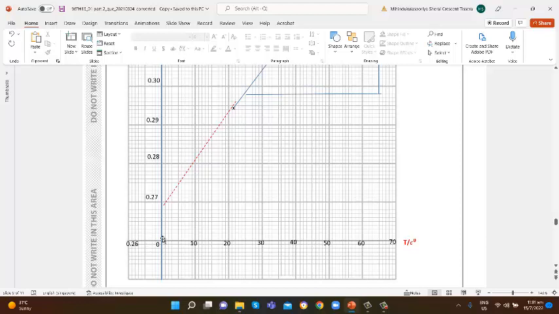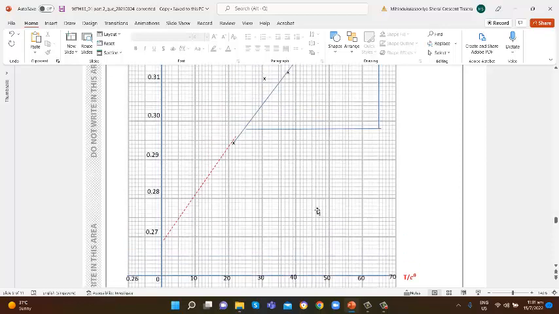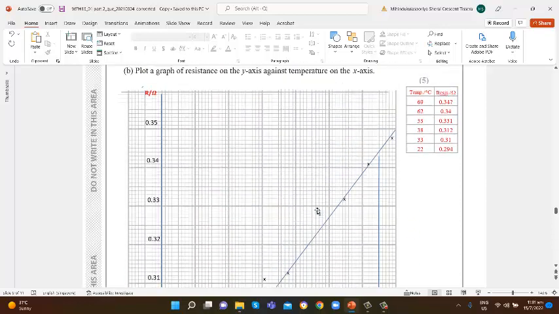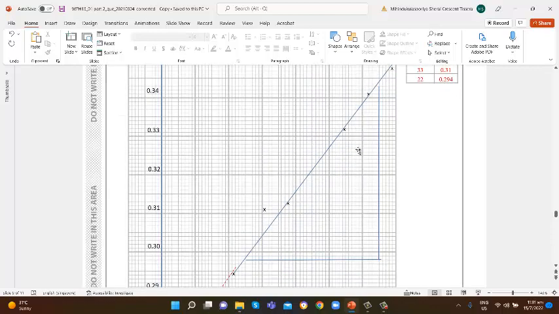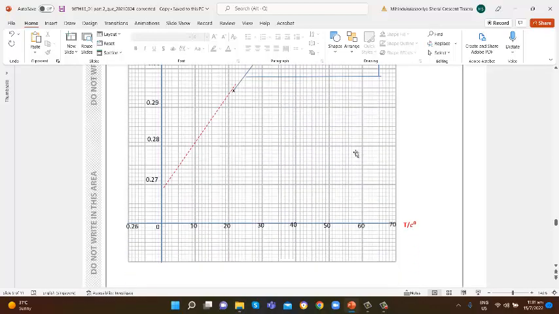So this line is first, because I am marking 0.27, so this should be 0.26, and that's all about the graph plotting, and we'll move on to the next part.